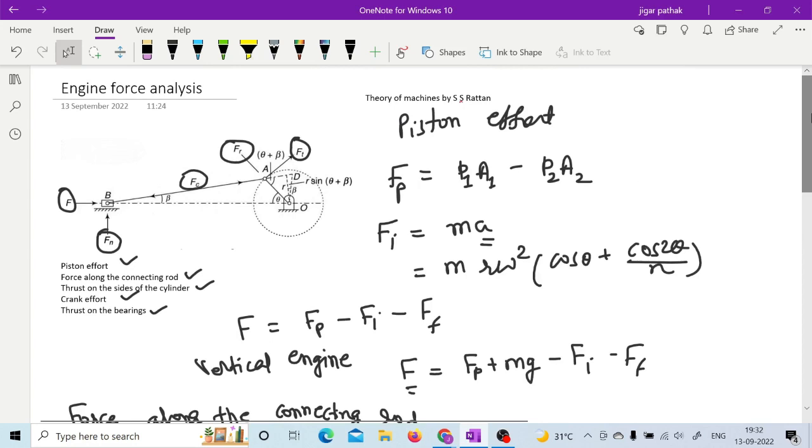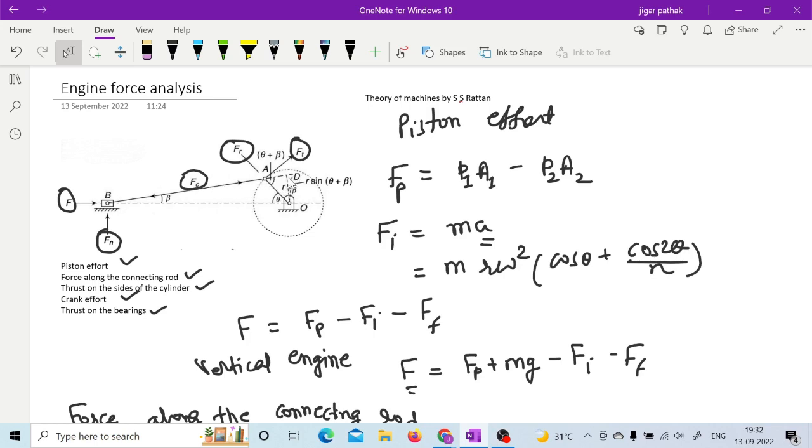So here this Ft into R, right, see here Ft is that force and this R is a perpendicular distance from this particular pivot O. So turning moment due to this Ft, right, will be Ft into R will be similar to this Fc, right, into that perpendicular distance from this Fc.